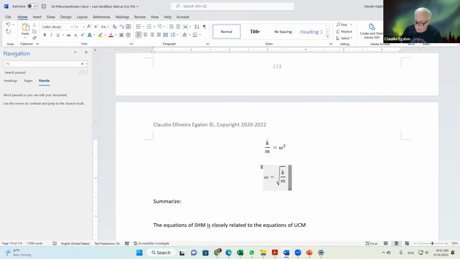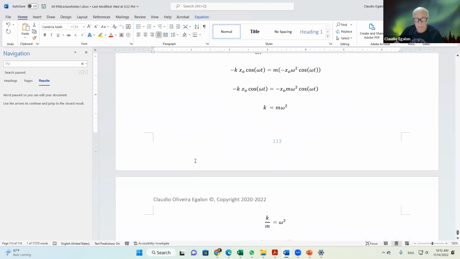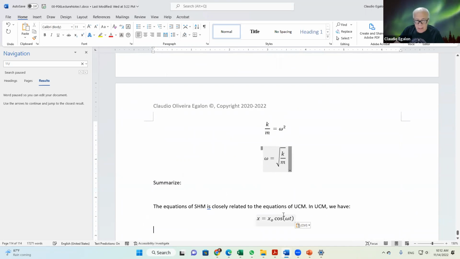In uniform circular motion, we have x equal to what? x equal to the radius of the circle, right? And then we also had what? v t over r, remember that?